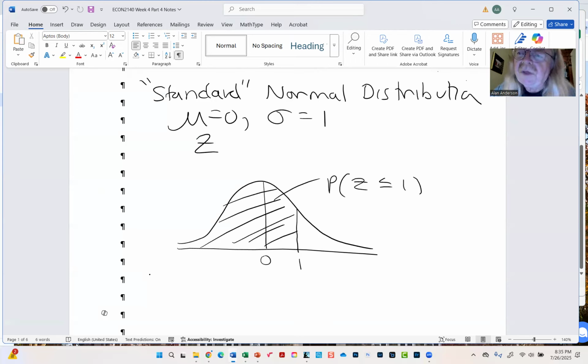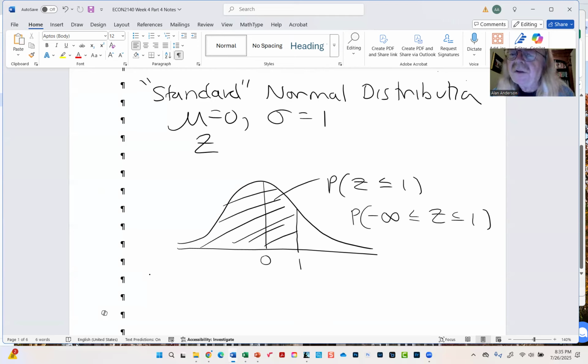I've written it like this, but we could also write it like this. But it's understood that the lower limit is negative infinity, so we don't really have to do it like that. If you write the probability that Z is less or equal to 1, it's understood that it goes all the way down to negative infinity.